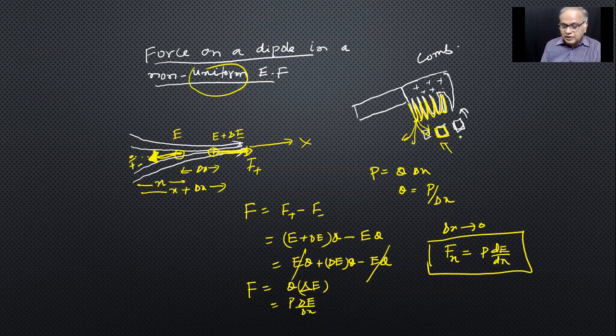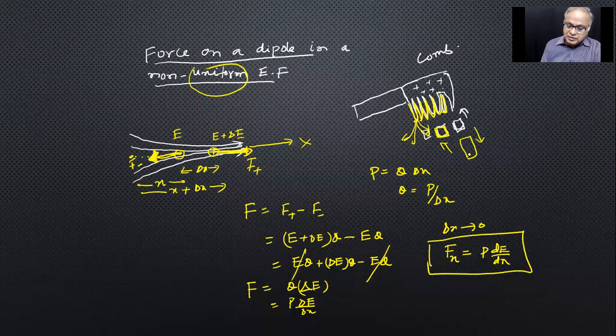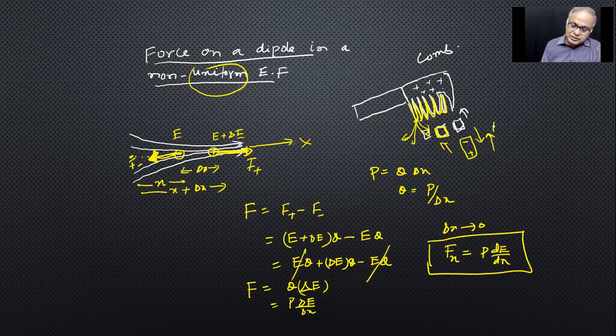If the field was like this, plus charges will be formed this side, minus will be formed that side. And that develops a force like this. So that's why the induced dipoles here get attracted by the non-uniform field of the electric charge, which is formed by rubbing the comb against the hair.